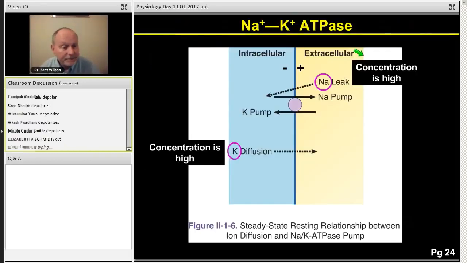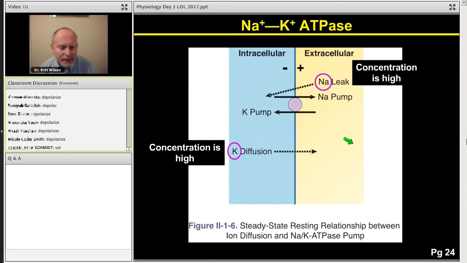All right. Somebody mentioned this earlier, so let's talk about this. Sodium has a higher concentration outside than inside, so some of it's going to sneak into the cell. Potassium has more inside than outside, so some of it sneaks out of the cell, because the electrochemical gradient favors that.